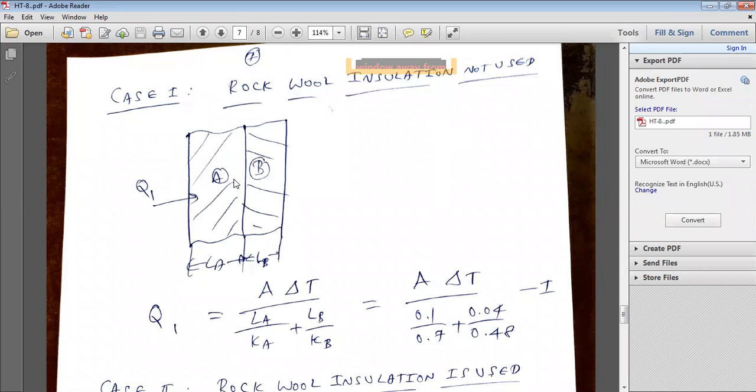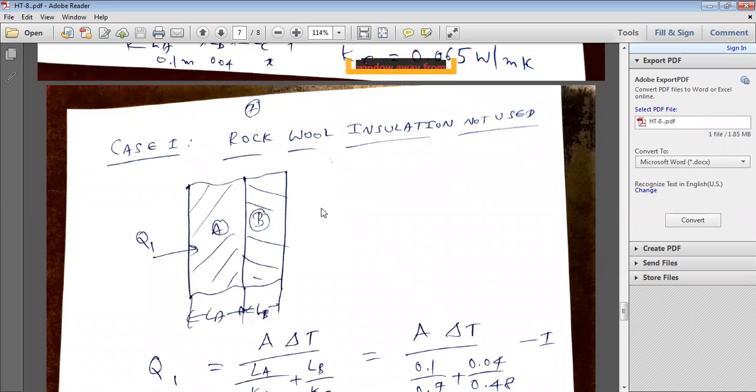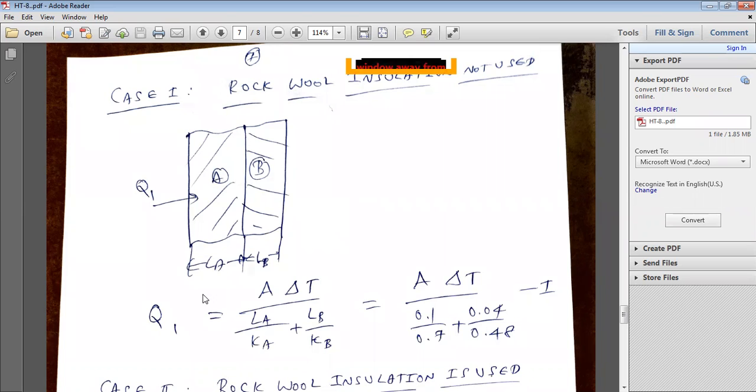If there are only two materials without the third material C, you name the heat transfer Q1.